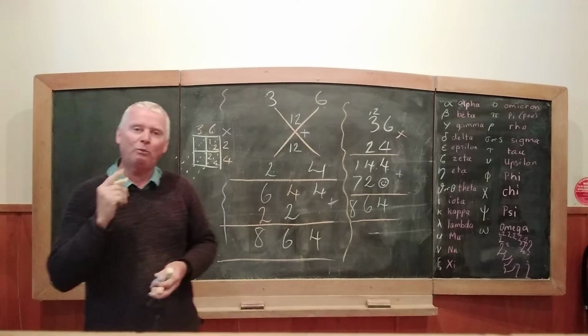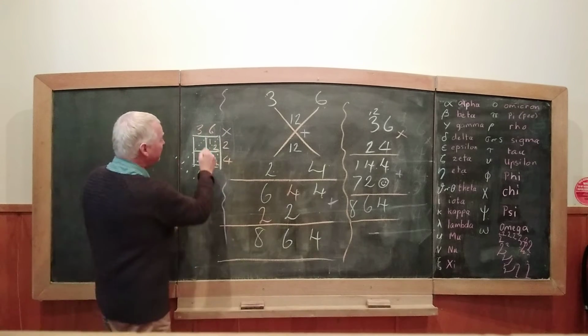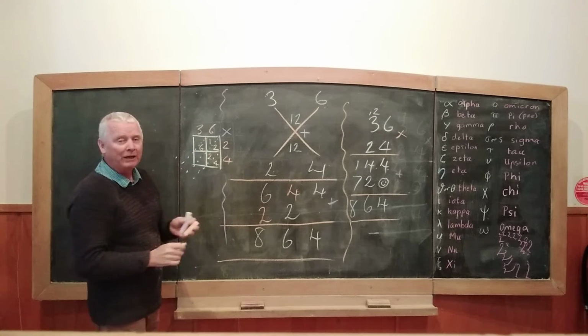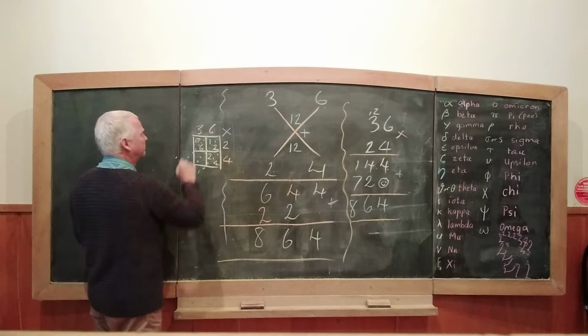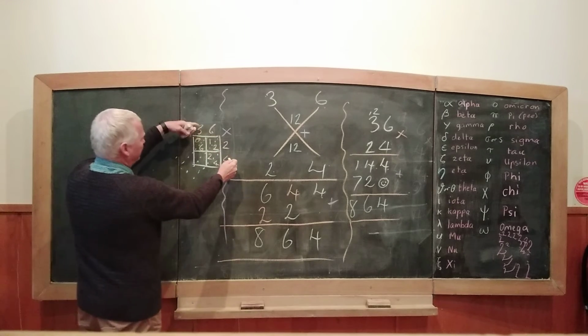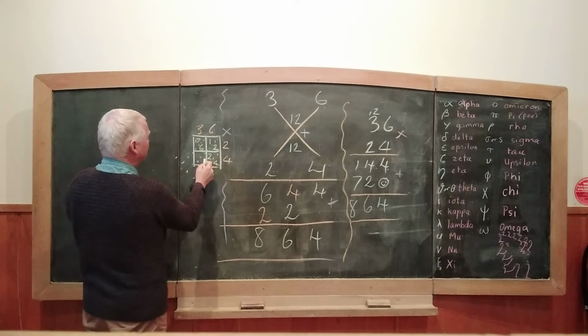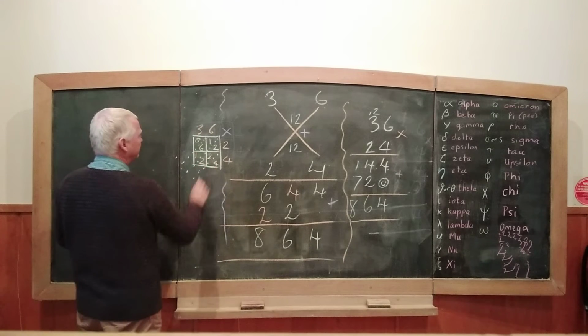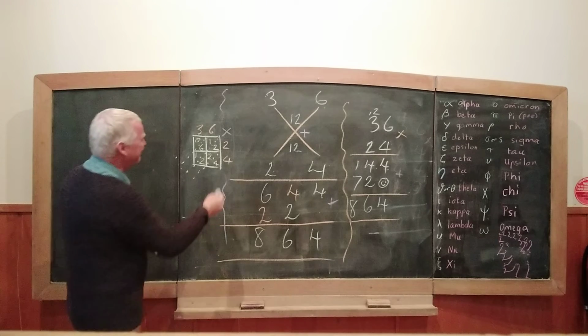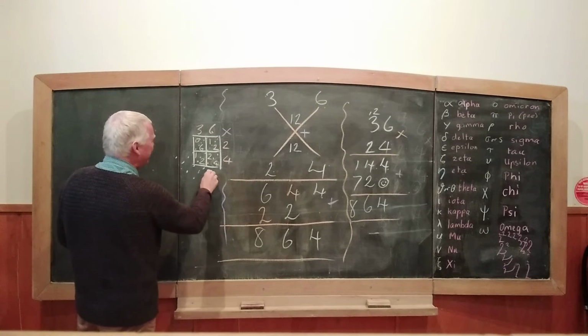Now 6 is a 1-digit number. It always goes into the bottom triangle, and you can leave the top triangle blank or put in a 0. Now, we've got one left, so it's obviously 3 times 4, or 4 times 3, which is 12. Now, to get the answer, whatever's in this triangle here comes down. So that's a 4.